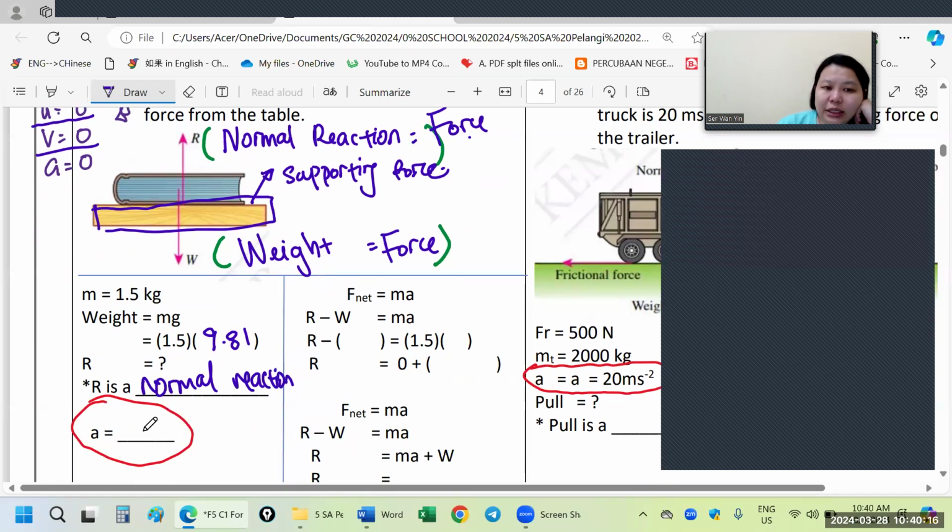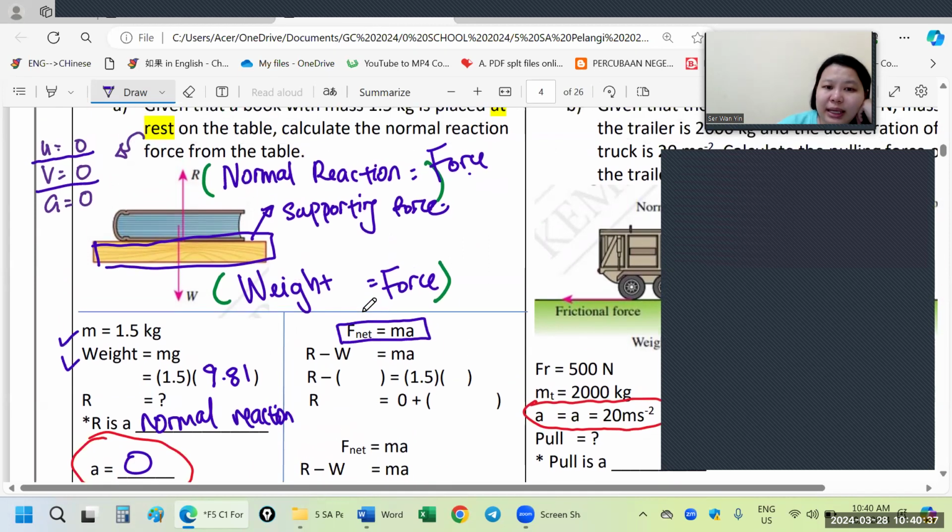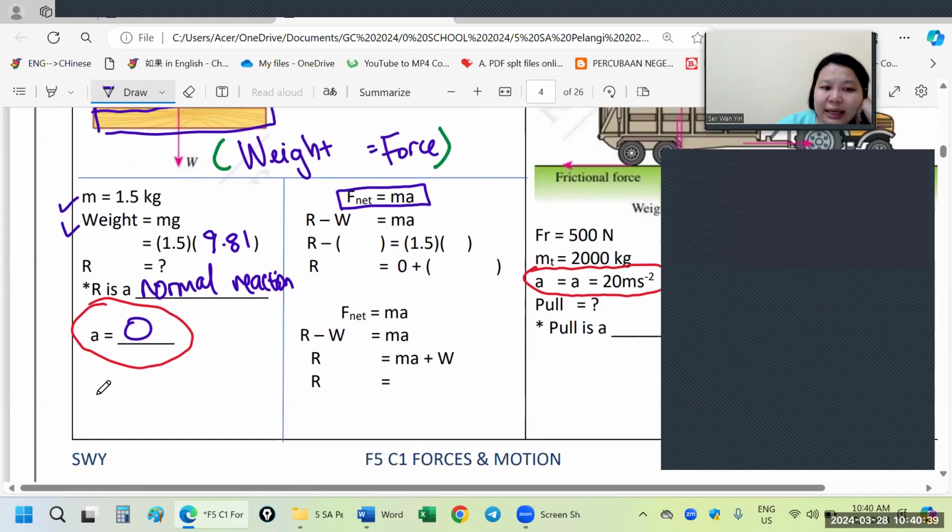In this case, acceleration equals to 0. So we can write in this way. Always write when there is force and mass, we always use net force equals to MA. Okay, so net force. Anyone can explain actually what is the meaning of net? Beside Eric, anyone can tell?